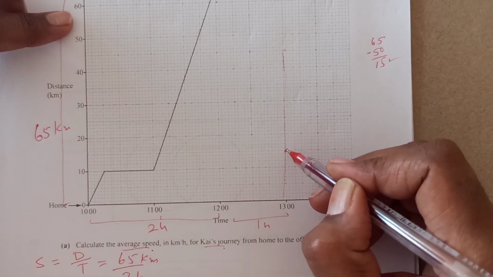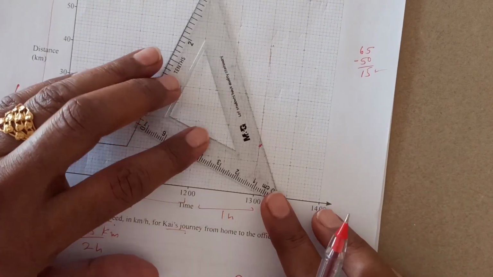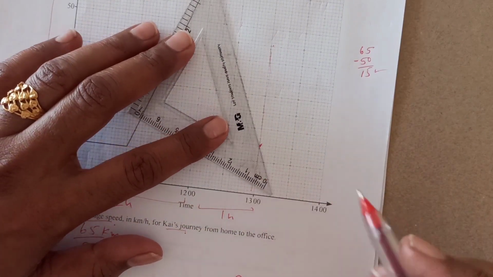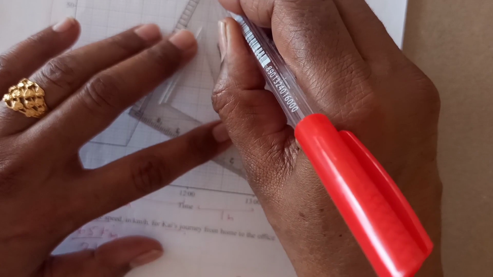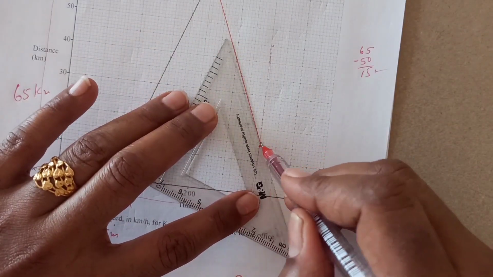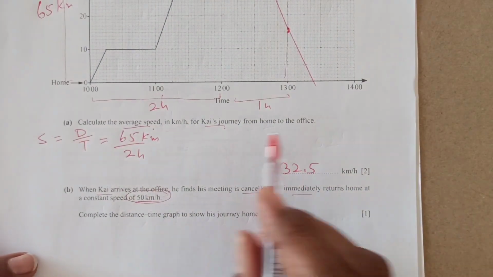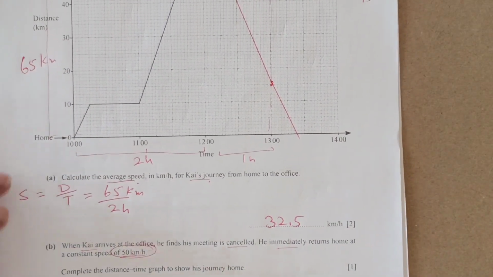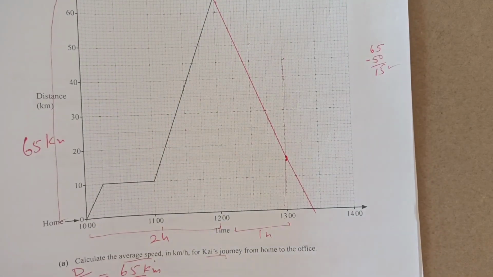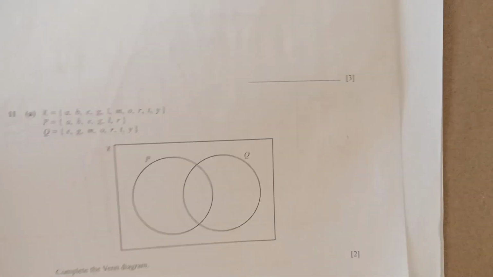He is supposed to be here at this point after an hour. So we are just going to join this, extend this line like this, just extend it more like this. Okay, so this is the return journey that he is taking. Now let's see the next question.